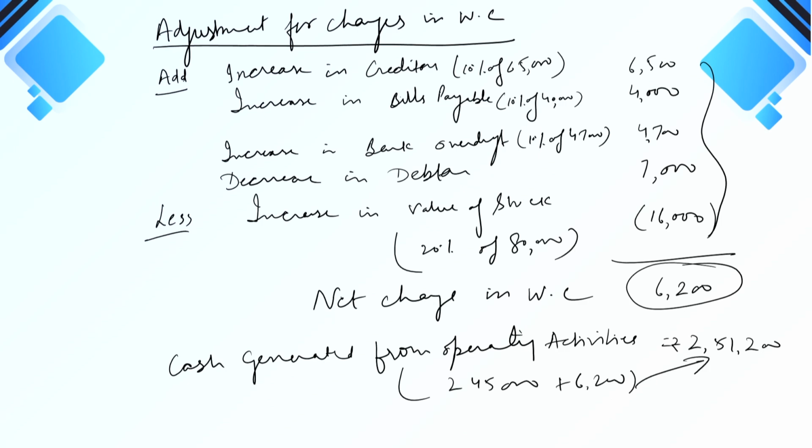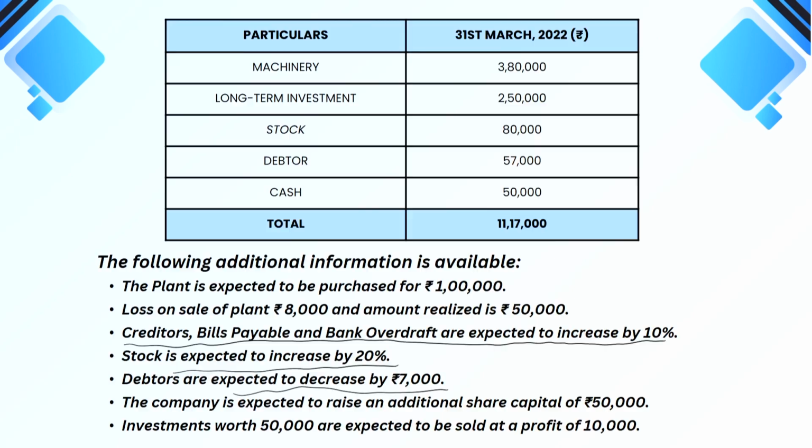Moving to next. The next step is to calculate the cash flow from investing activities. As you can see in the question, adjustments are provided that the company is expected to purchase a plant of rupees 1 lakh.